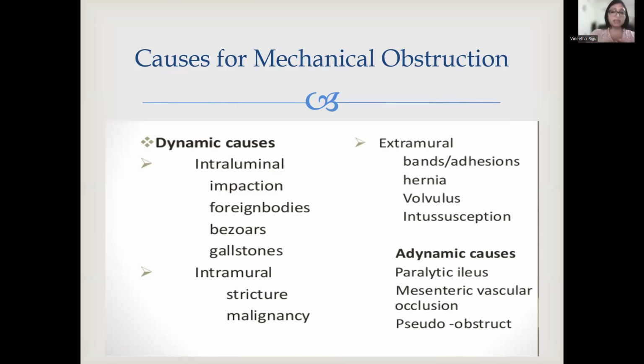It can be adhesions. Probably the patient has had radical surgeries, or the patient has had radiation. So all these can produce adhesions. Hernia, volvulus, intussusception. These are all different causes for mechanical obstruction. And yes, you have the adynamic causes, which is paralytic ileus, mesenteric occlusions that happen, and pseudo obstructions that happen.